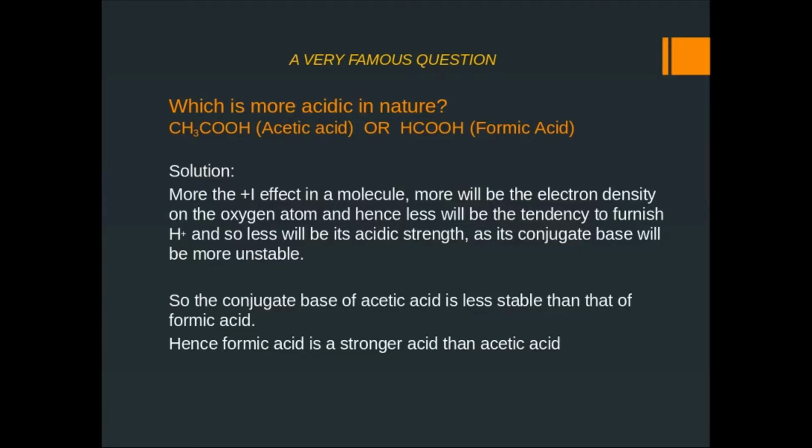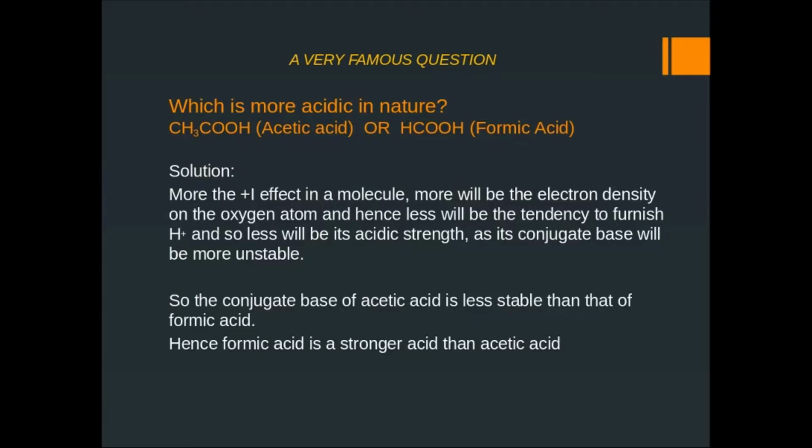There will be a stability problem, or the stability reduces for the oxygen. And so, to increase the stability and maintain electrical neutrality, it will try to maintain the OH bond, and so the hydrogen ions furnished in the solution will decrease to a great extent.